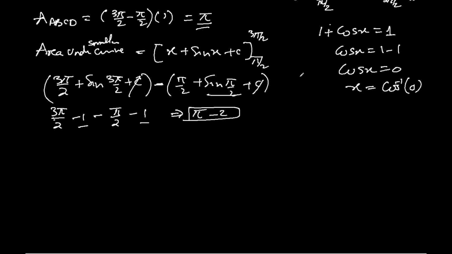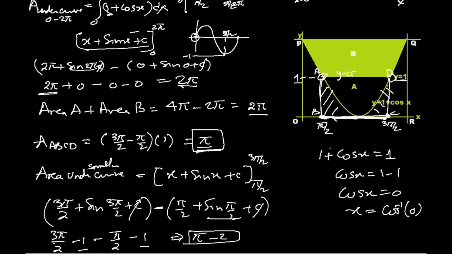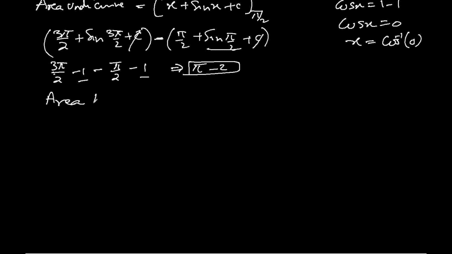This area we have to subtract from the area of the rectangle, the smaller rectangle we got earlier. So area A only. This is what we'll get, right? Let me go back to the picture. Because we are subtracting this area from the area of this small rectangle, we'll get only area A. So area A will be pi minus, we got just now, pi minus 2.